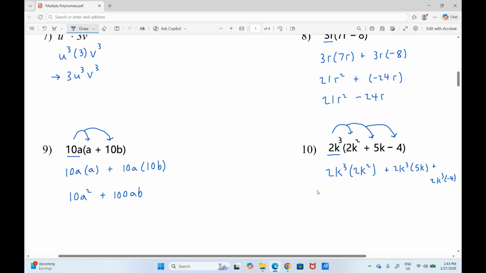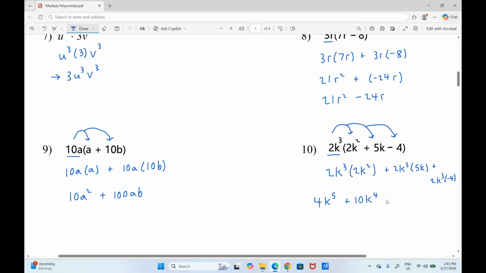Okay, so for this one, 2 times 2 is 4. Great. k to the exponent of 3 times k to the exponent of 2 is k to the exponent of 5, because I just add the exponents together when I multiply the same base. Now, 2 times 5 here is 10. k to the exponent of 3 times k to the exponent of 1 is k to the exponent of 4.